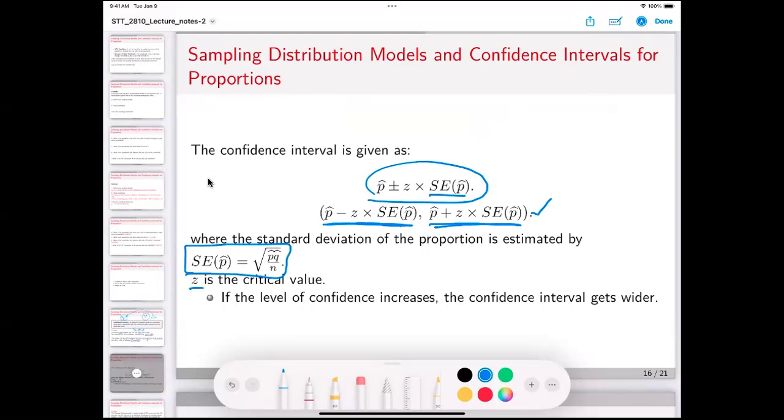We know how to compute Z from previous chapters. And then we are going to look at examples and answer this problem here. Now, I just want you to understand that if the level of confidence increases, so the confidence level is like, say, maybe 95%, look at this one here.